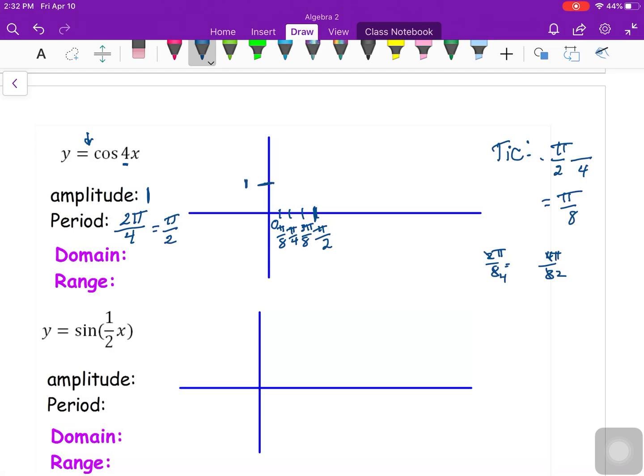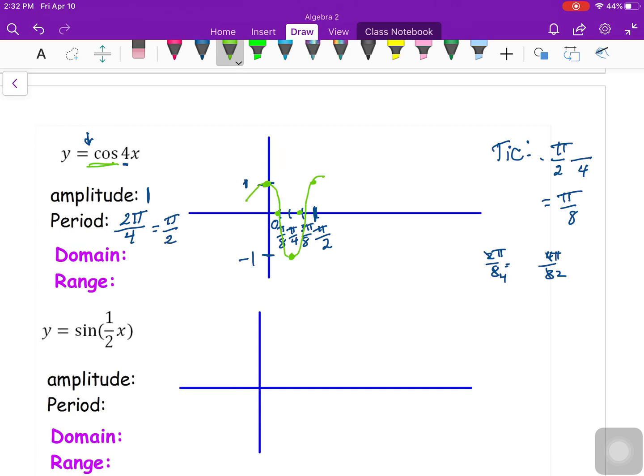It still reaches a height of 1. So I have 1 and -1. It was the cosine function. So cosine starts at 0, 1. Then I come to the 0, down, back to the 0, up.